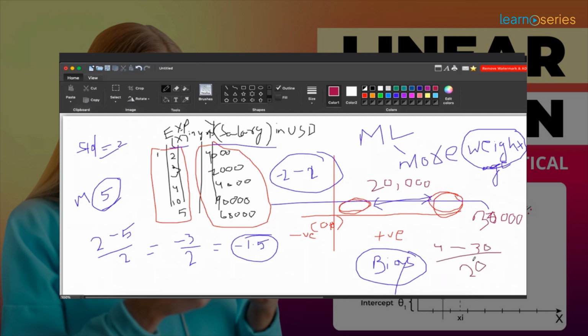So what are you getting? Minus 26 divided by 20. You would be getting somewhere around minus 1.3, something like that. So instead of 4,000, this value will be replaced by minus 1.3. Now you see both the values here and here are almost similar.